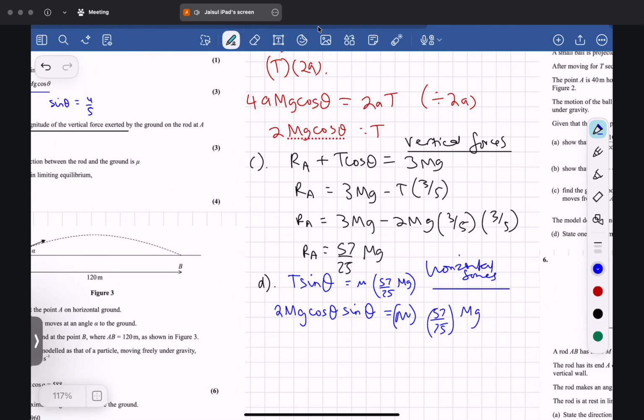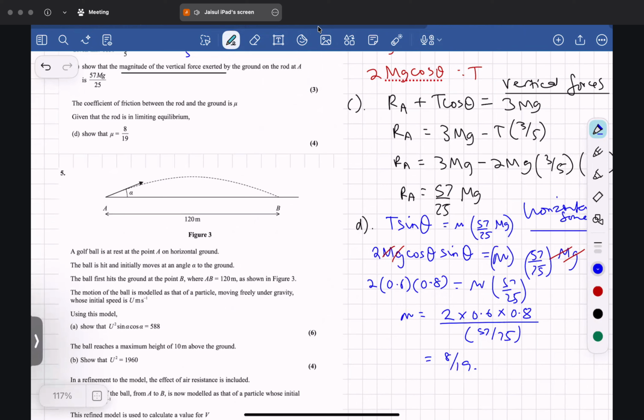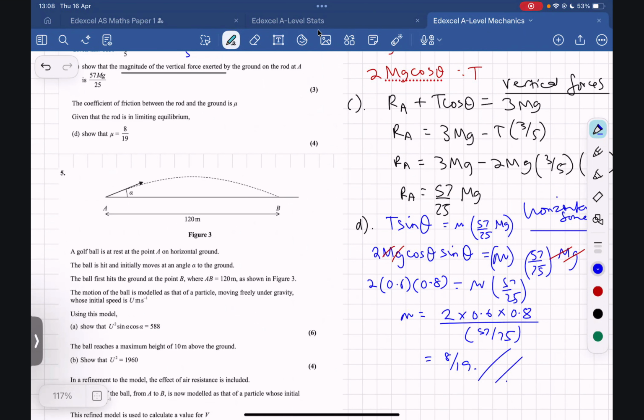I'm going to first cancel the m and the g. So I get 2 times 0.6 times 0.8 equals mu times 57/25. So mu is equal to 2 times 0.6 times 0.8 divided by 57/25. Let's just hope that's the correct answer. 8/19. I'll check it in my calculator. The answer was correct.